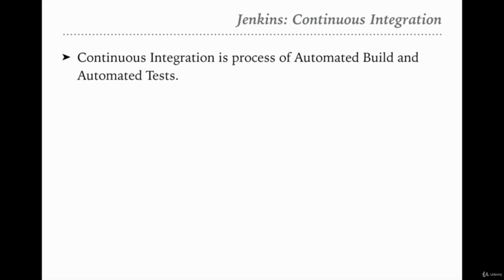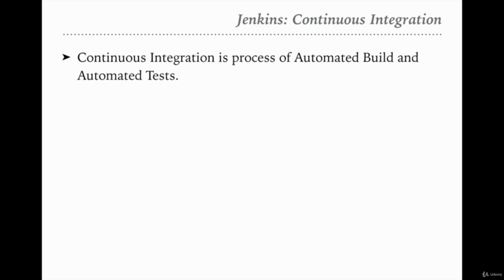So basically, continuous integration is a process of automated builds and automated tests. Let's understand this particular statement. Suppose our dev team and our QA team are working on an application and we have 10 or 15 developers in that team. All the developers are checking in their code in some kind of shared repository, right?